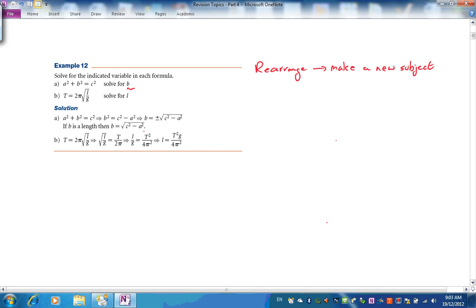b by itself now. So here we could say, well, b squared, we remove that a squared, b squared will be c squared take a squared. So I've isolated b squared on a side by itself, and then to get b back from b squared, we'll take the square root. But don't forget, there is a positive and negative square root here.